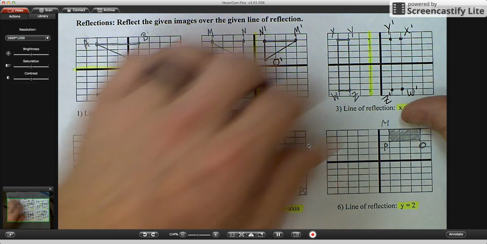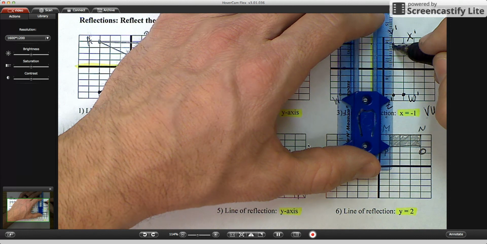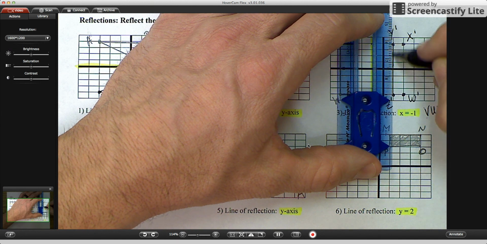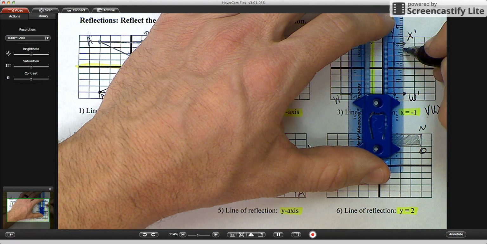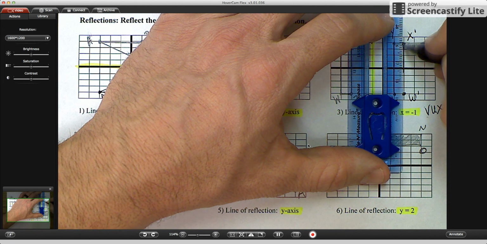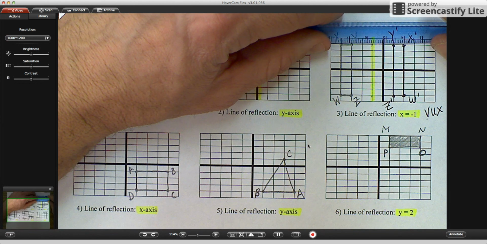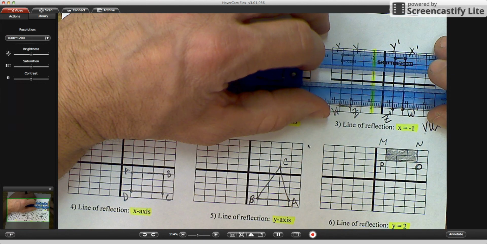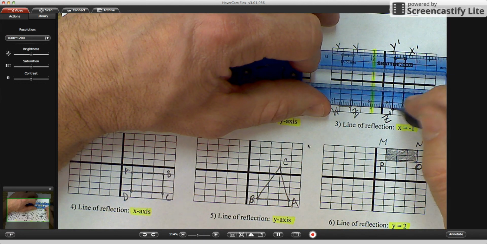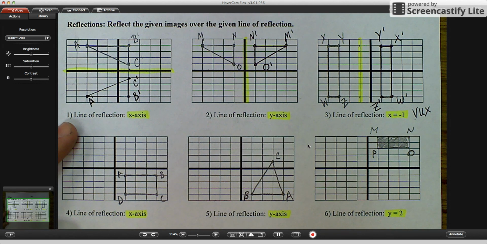Take my straight edge, whatever you have, and connect your 4 vertices. There and there. There and there. And you have, again, your image.